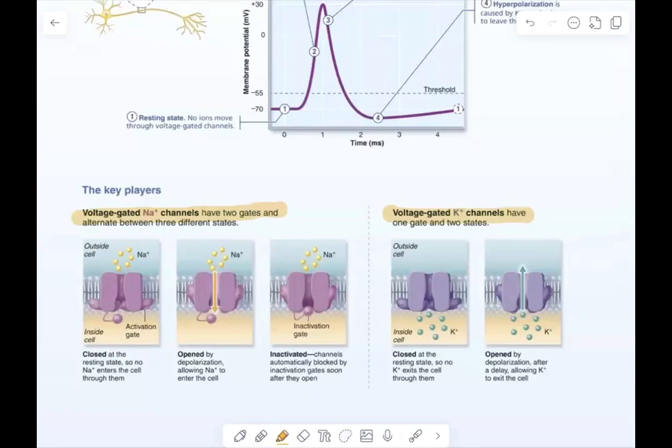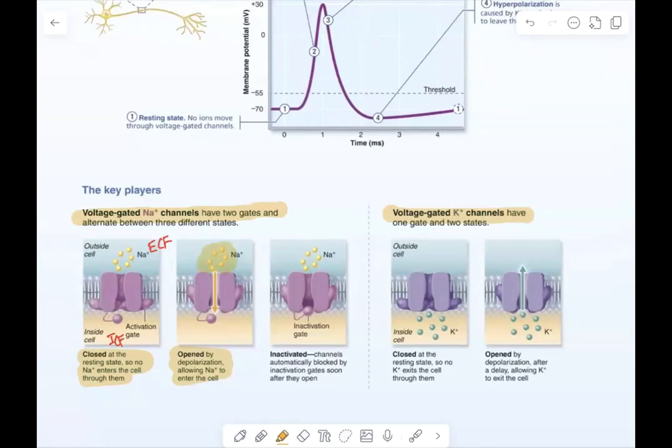So initially, the sodium gate is closed, so no sodium is entering from outside the cell to the inside of the cell, which is the intracellular fluid. Then, when the gate opens, sodium enters the cell from the extracellular fluid to the intracellular fluid.